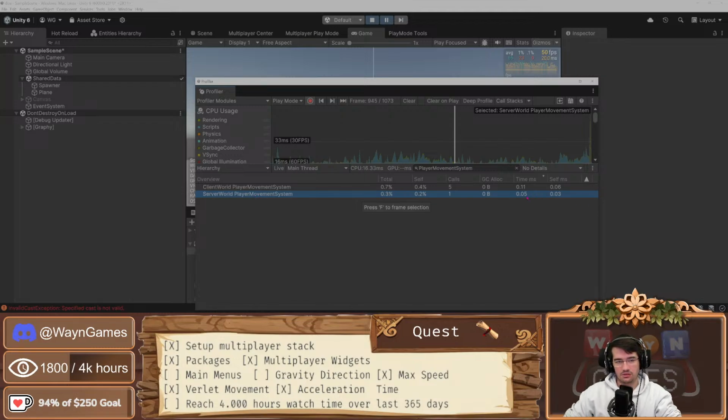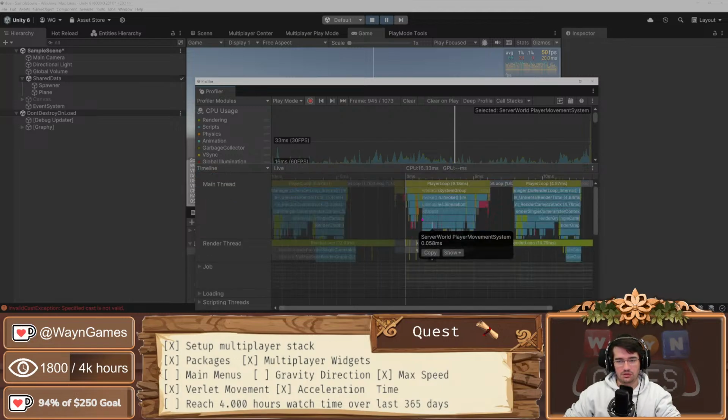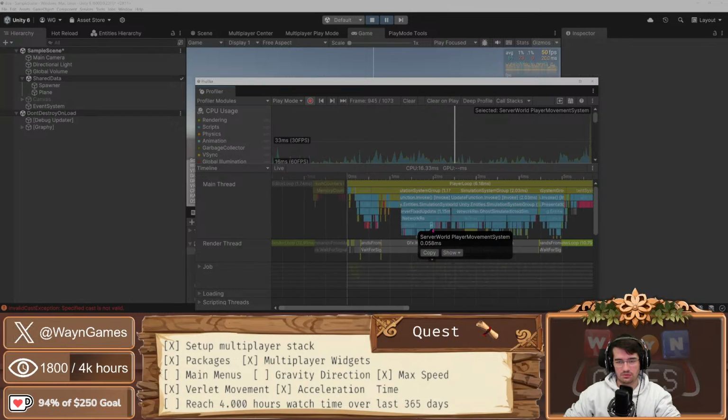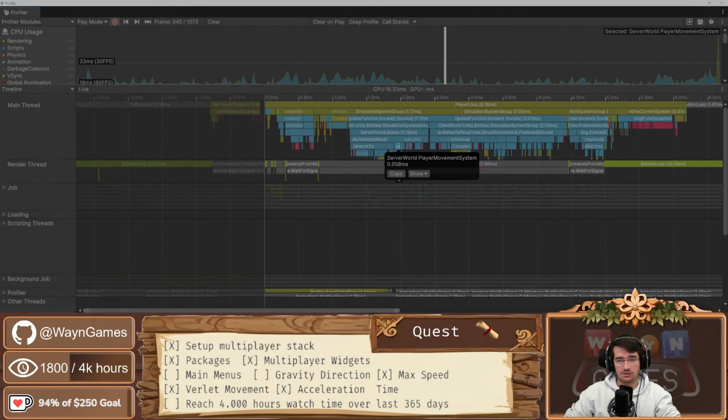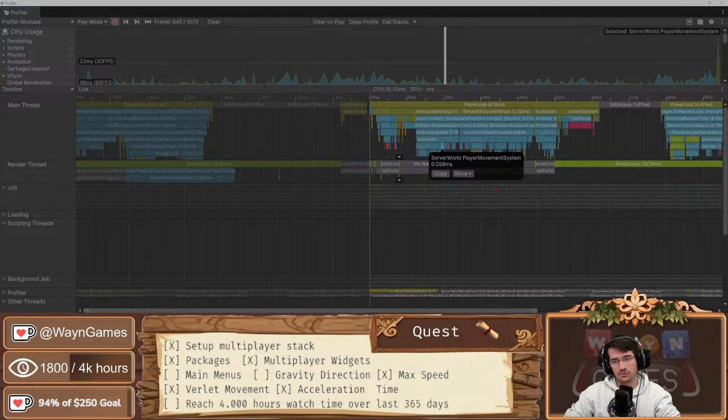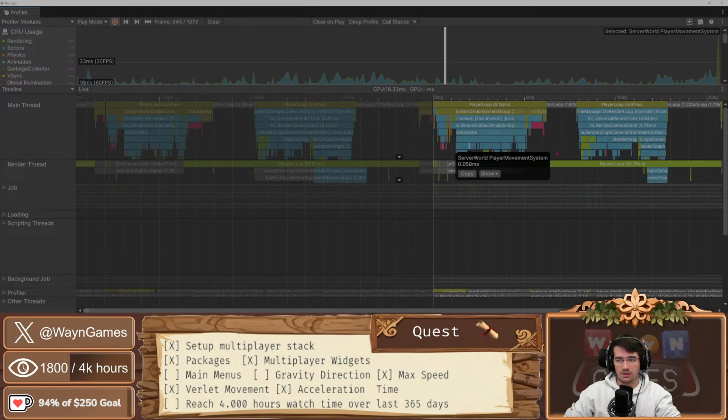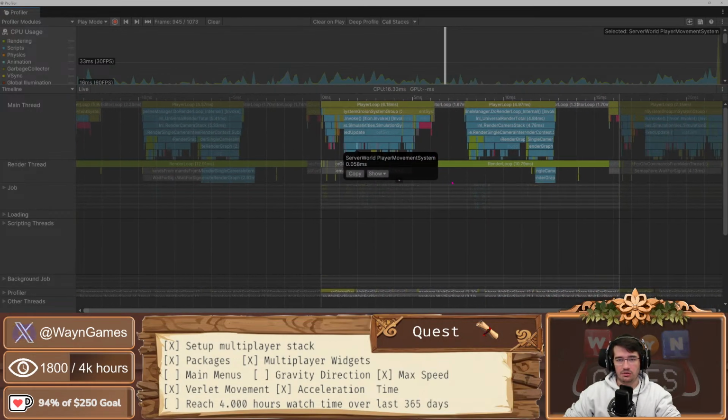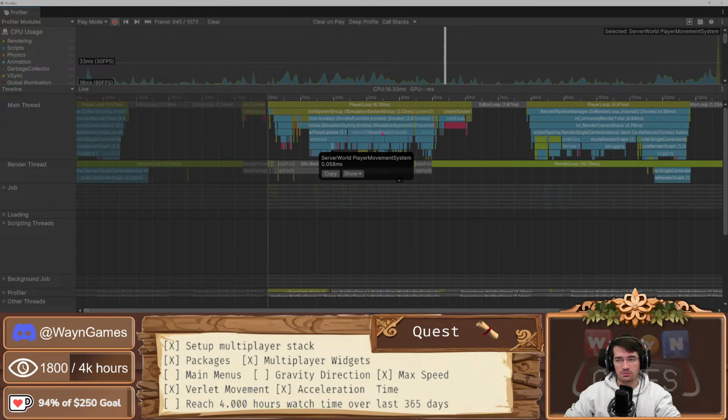On the client, I suspect it runs more because of the prediction, but I have no physics, nothing, so that means there is low budget, but in fact I'm running two worlds.